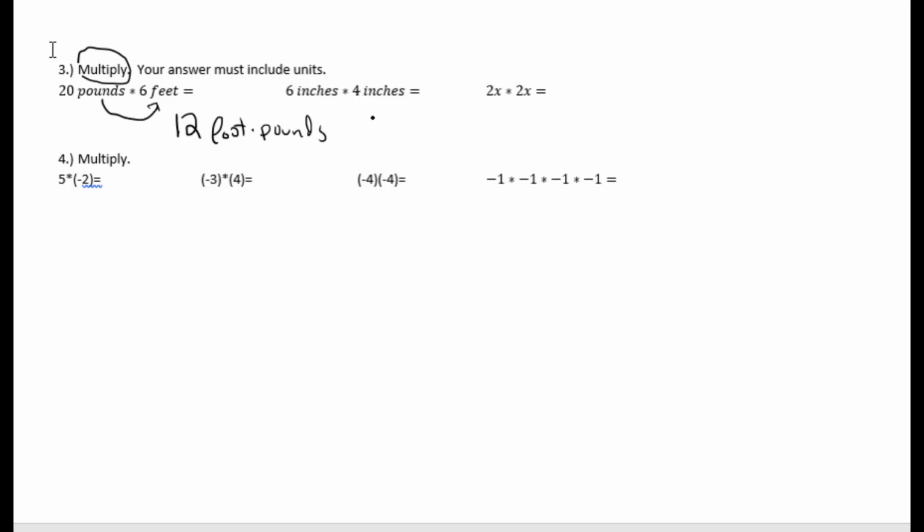Same thing here. This is 24 inches times inches, which is inches squared. And this is 2 times 2, 4, x times x, which is x squared. And there's the answers to those. You can put this on pause and make sure you got them correct.